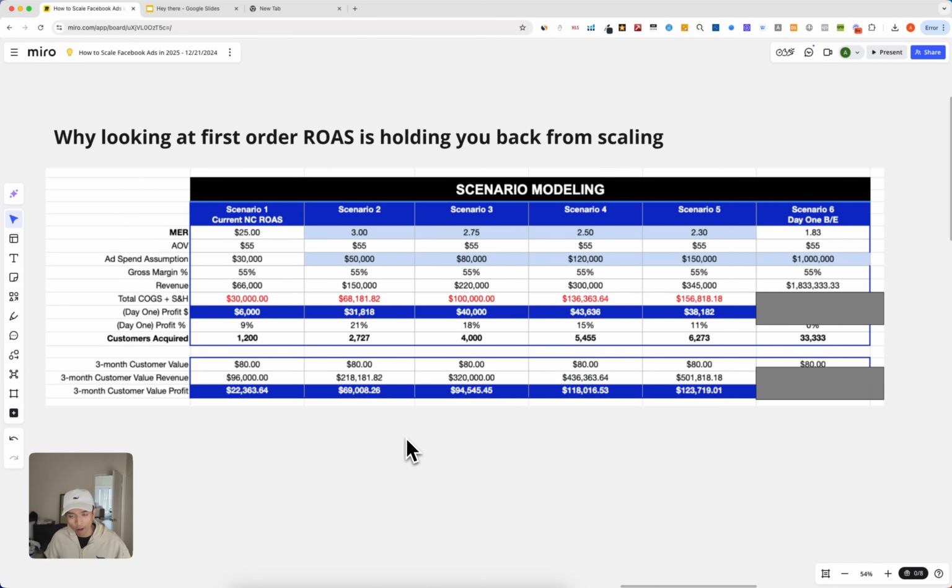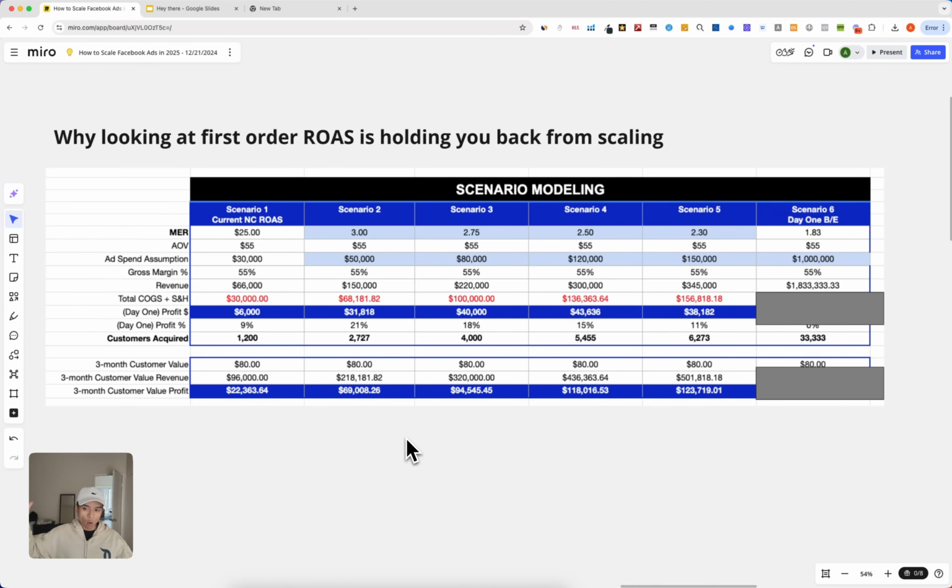In scenario 3, we've dropped our return on ad spend or blended ROAS from 3 to a 2.75. The only difference being we're now spending $80,000 compared to $50,000, and in a scenario where we're spending $30,000 more, we're actually making $40,000 in day one profit, or about $7K in incremental profit.